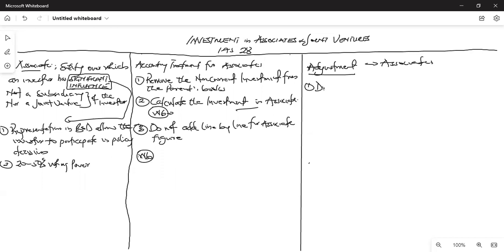So dividends received from associates. Just as when you receive dividend from the subsidiary, you remove it. Here too, you remove it. So deduct it from investment income in P&L. That is all you need to do.